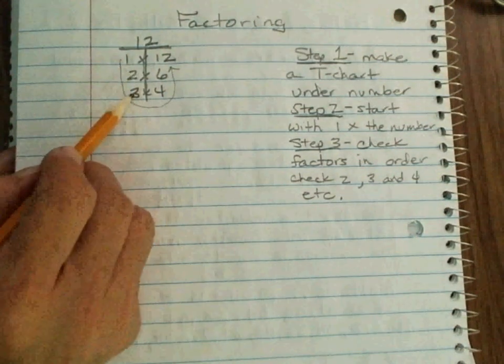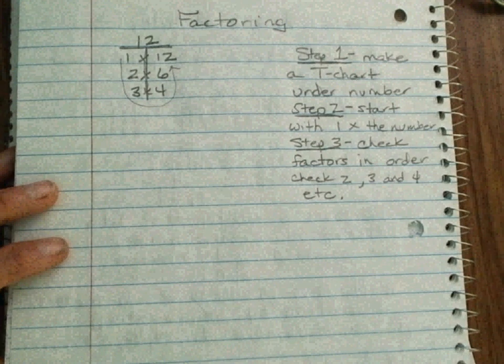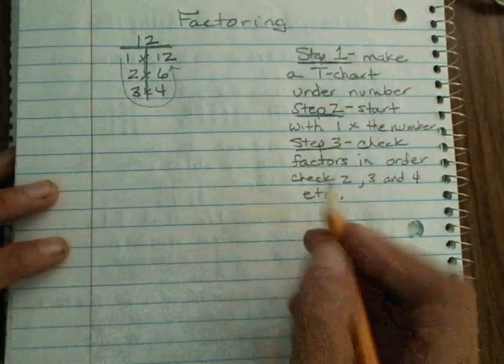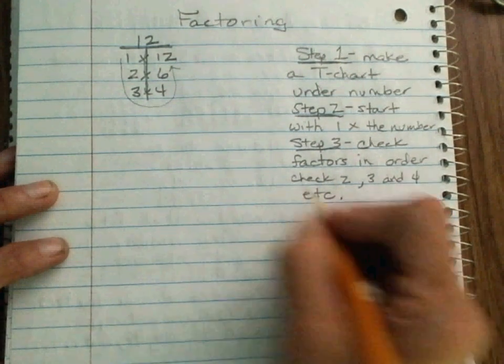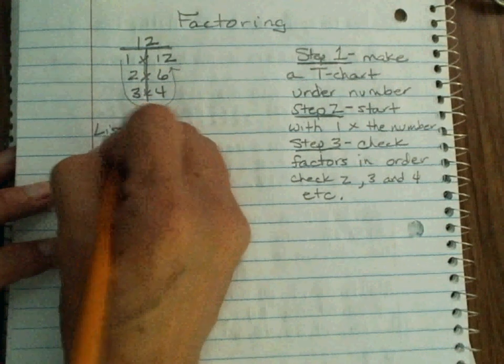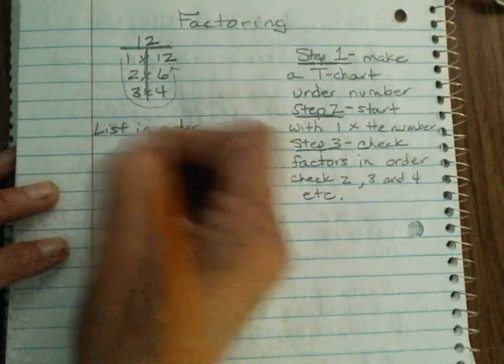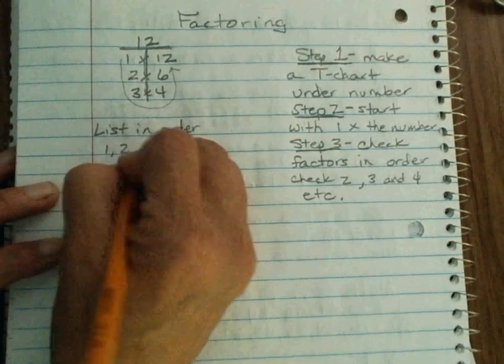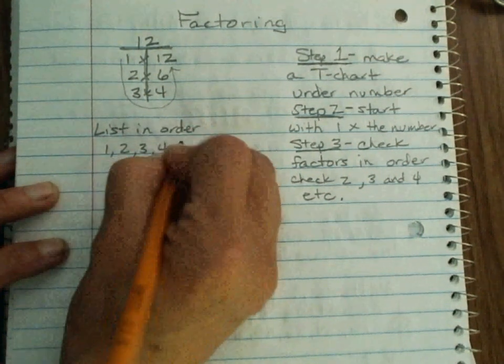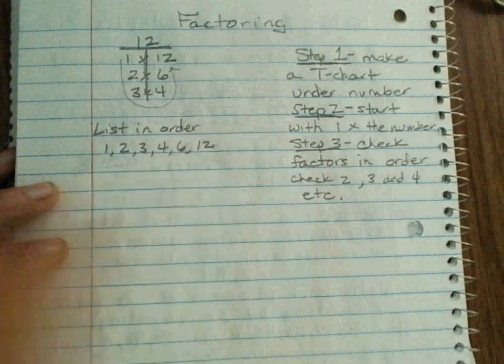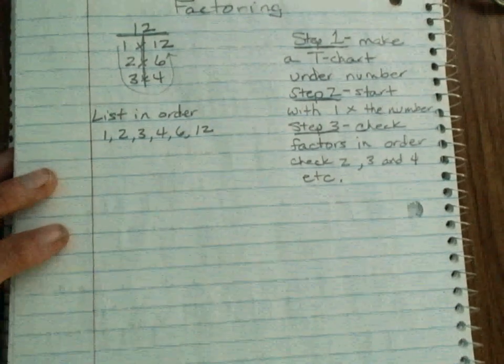Okay, so they go in numerical order: 1, 2, 3, 4, 6, and 12. So if I list my factors in order, I have 1, 2, 3, 4, 6, and 12.